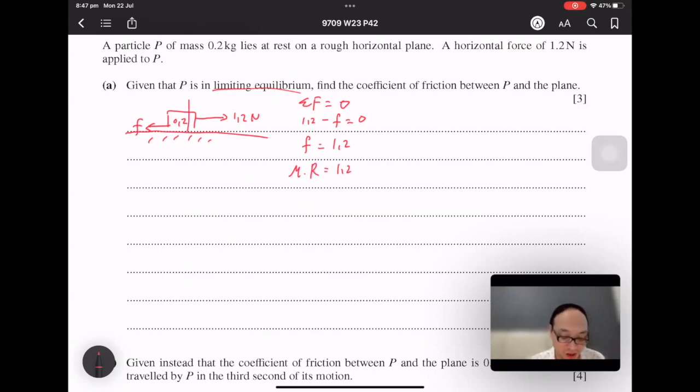The normal will be here, which is equal to the weight, so 2 newtons is the weight. So that means mu times 2 newtons equals 1.2. So mu is 1.2 divided by 2, which is 0.6.